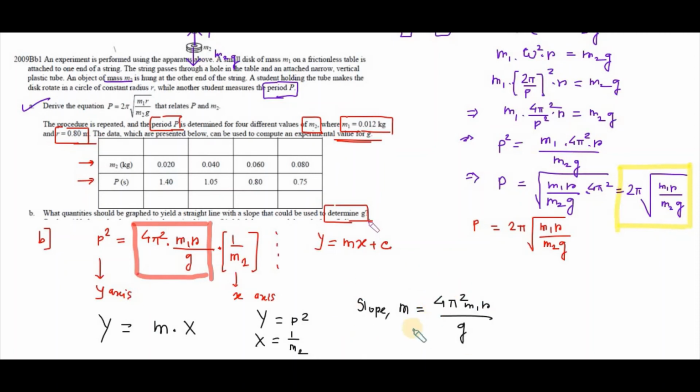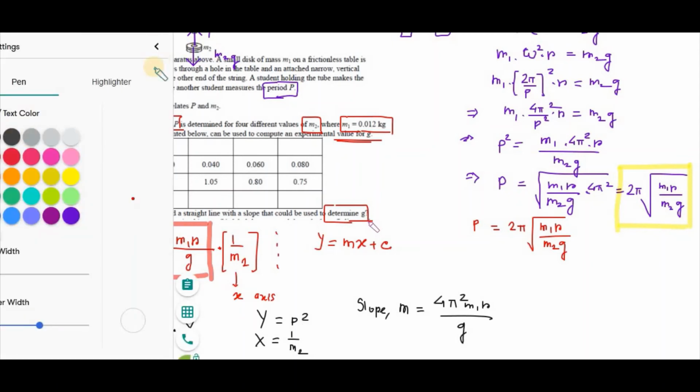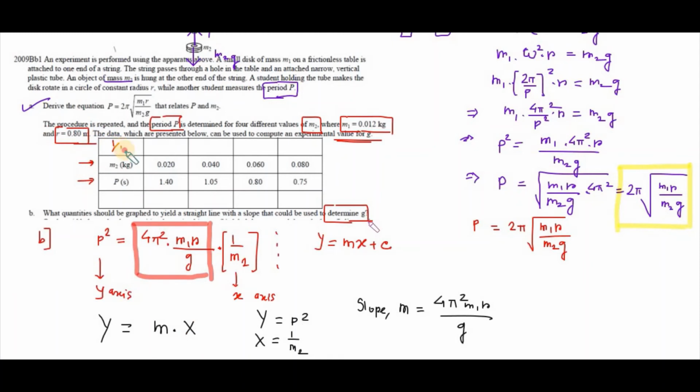Now from here, first we have this m2, so you can fill the table. You can figure out what is 1 by m2, and we have the P table, so from there we can determine what is P square and 1 by m2.